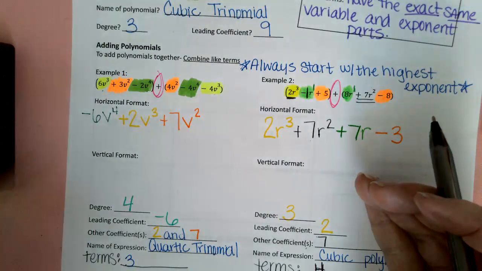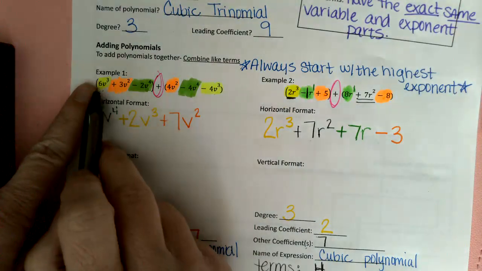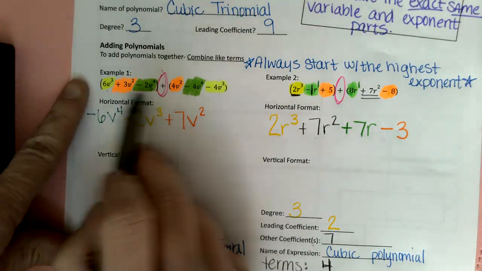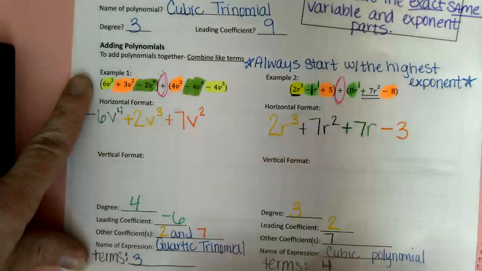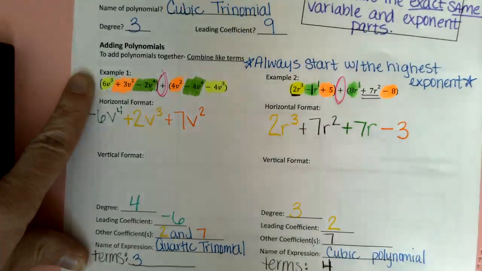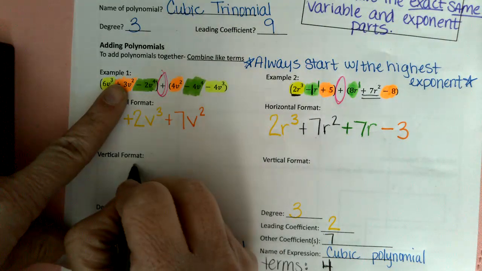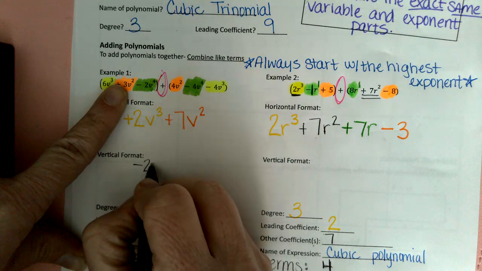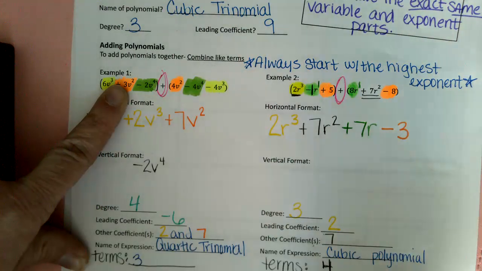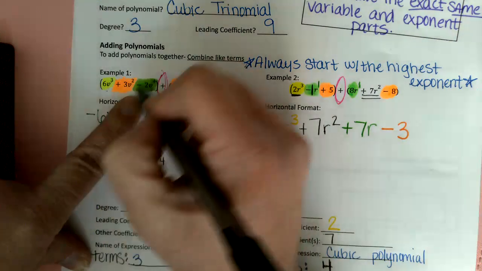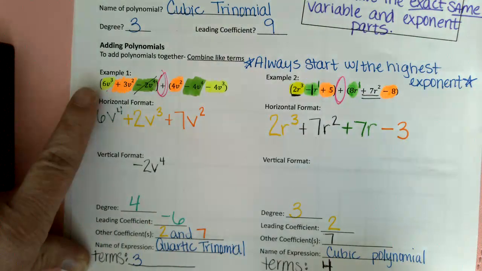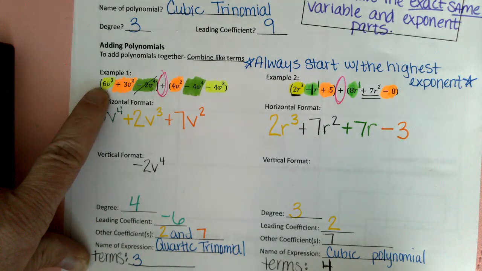Now, when I do write down my vertical format, my first polynomial, I'm going to start with my highest exponent. So that way my answer will be in standard form. So my highest exponent is the 4. So I'm going to write down -2v to the 4th. The next highest exponent is 6v cubed.